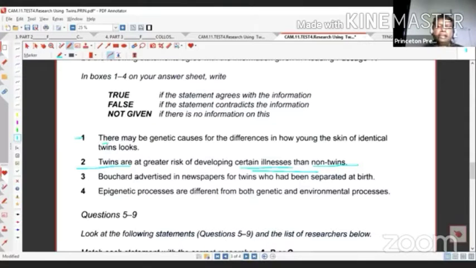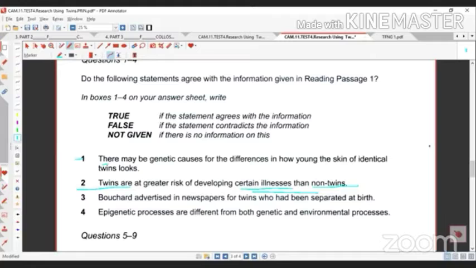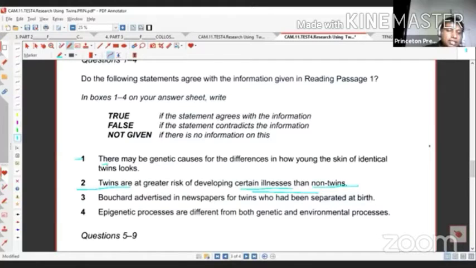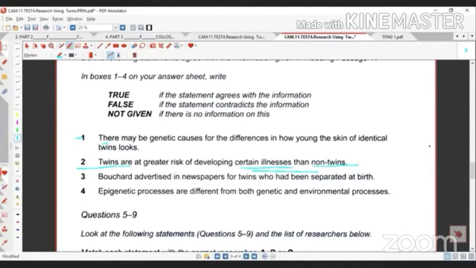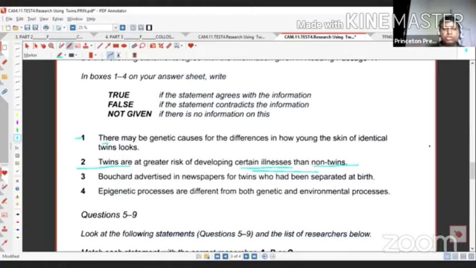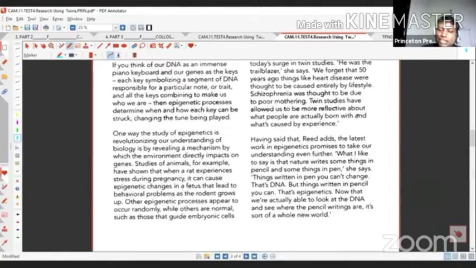Probably he's saying that if they're identical twins, they should look the same, but sometimes one of them looks much older or younger. I said this first because I had a twin.